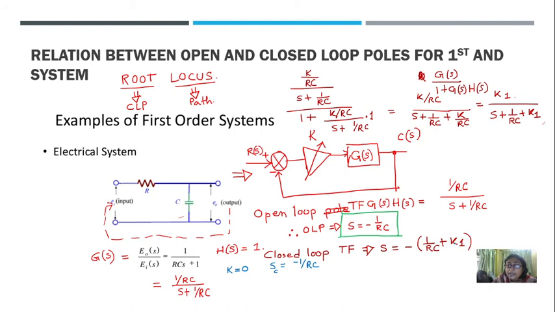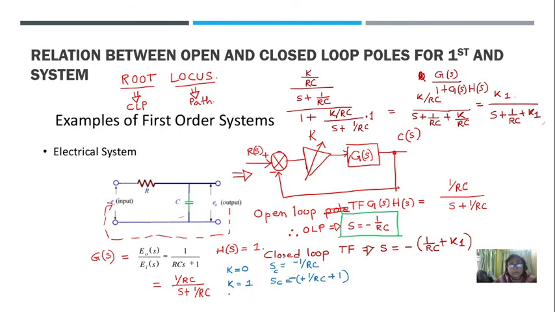Now, if I take the value of K equal to 1, s closed loop is becoming minus (1/RC plus 1).